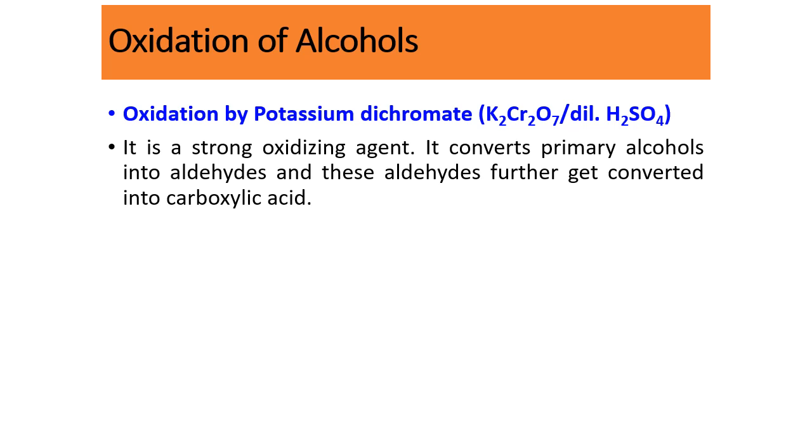If I am giving you one example, here we can take a primary alcohol like ethanol, CH3CH2OH. On the arrow we will write K2Cr2O7 and dilute H2SO4.